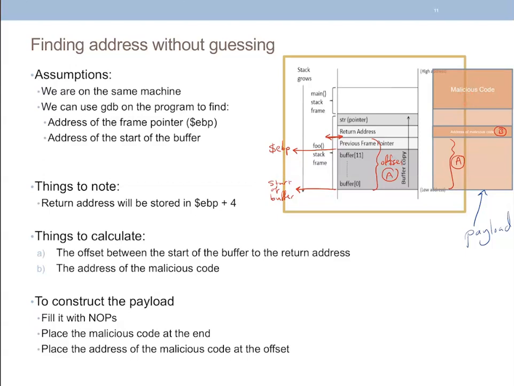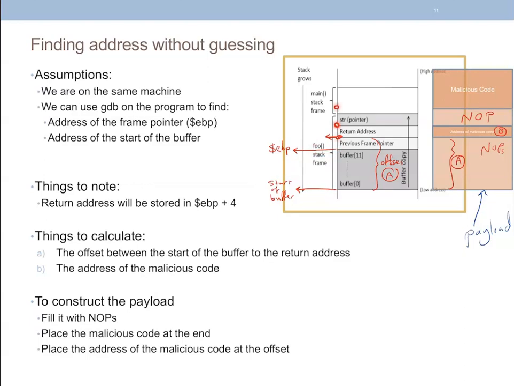Well, remember our no-op sled? We are going to fill our payload with no-ops before we even begin. And so then, in order to calculate the address of our malicious code, we're going to go EBP, and we know it's going to have to go above at least 8, right?